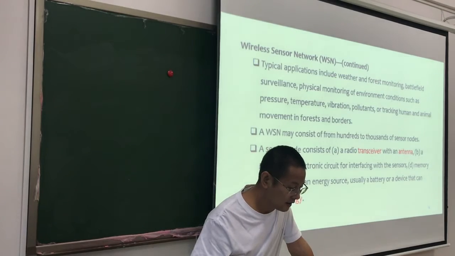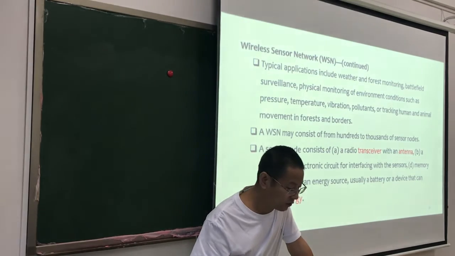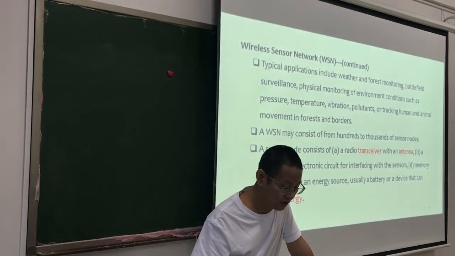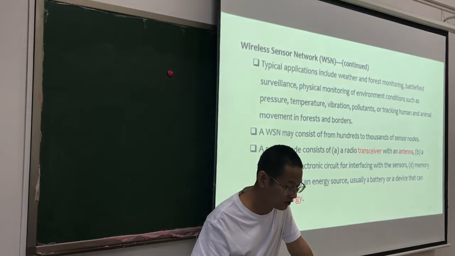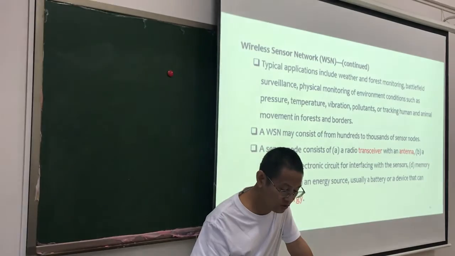WSN typical applications include weather and forest monitoring, battlefield surveillance, physical monitoring of environmental conditions such as pressure, temperature, vibration, and pollutants, or tracking human and animal movement in forests and borders.